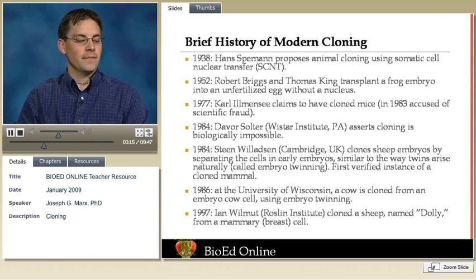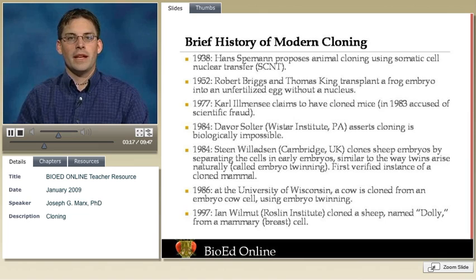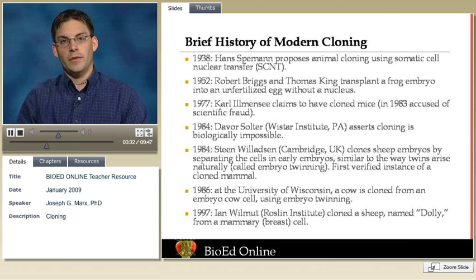Back to cloning. Cloning is also referred to as somatic cell nuclear transfer, which was first proposed in 1938. This slide outlines a brief history of cloning, which was heavily debated early on. However, in 1984, researchers used a technique called embryo twinning to lay the foundation for successful somatic cell nuclear transfer.